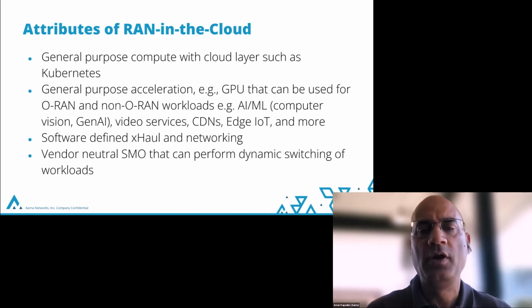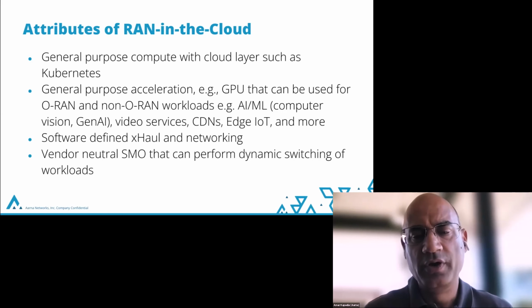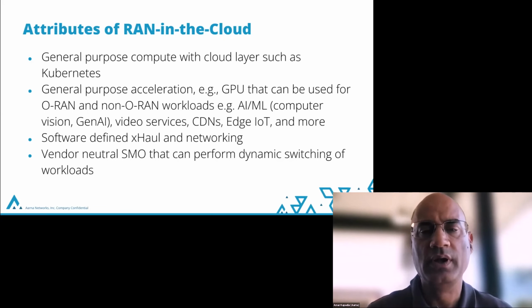The front haul, back haul would be software defined. Networking is software defined, so you can do the types of adaptive movement of workloads that I just described. And this is where you need ORAN. For this scheme to work, you need a disaggregated RAN and you need a vendor neutral SMO, because the vendor neutral SMO now has to perform dynamic switching between the RAN workload, the CU/DU, and something else like machine learning.